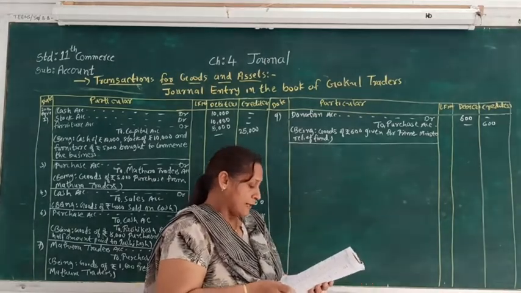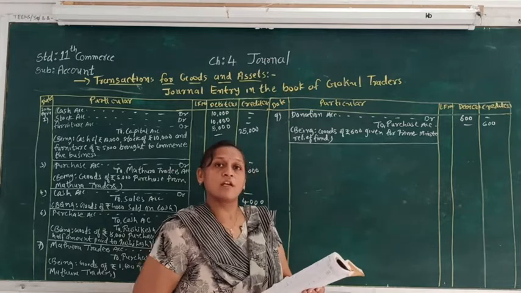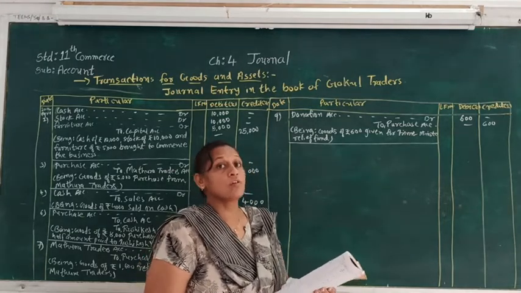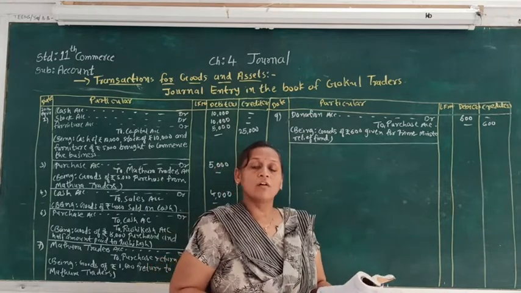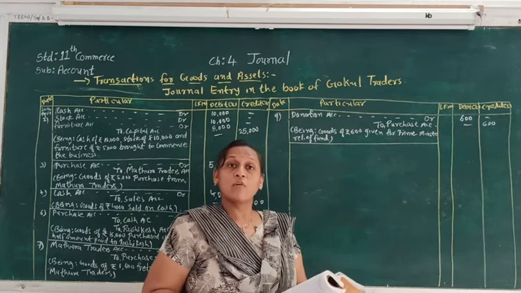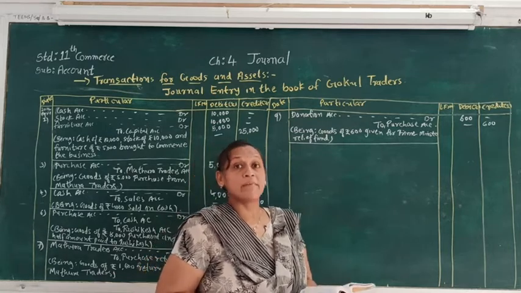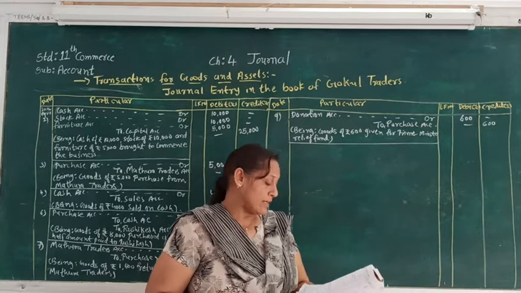Now, let's see the next. Electronic weighing machine purchased for rupees 450. So we have discussed this before: whatever we are bringing for the measuring unit of the business, for that we have to debit the dead stock account. So here, dead stock account debit to cash.